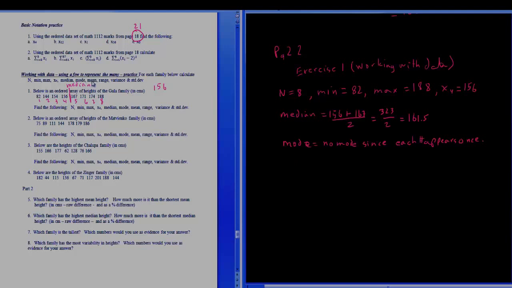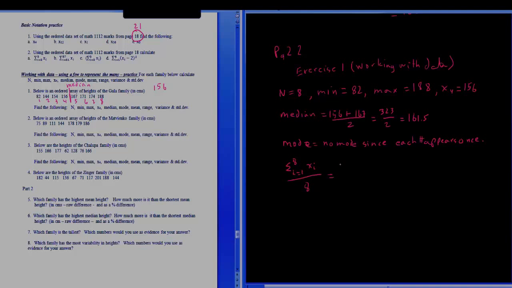All right, mean. So the mean is the sum from i equals 1 to 8 of all xi over 8. So we're going to add all these up and divide by 8.